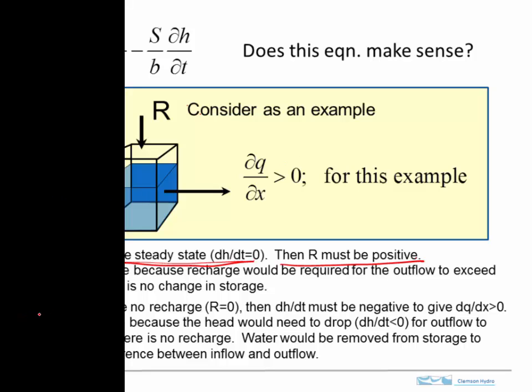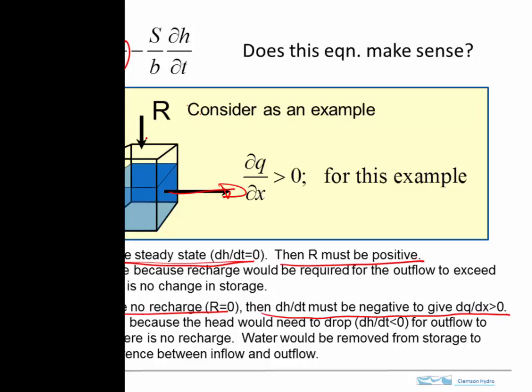And then we can look at this other case. This is case 2, where we assume that the recharge is equal to 0, so we get rid of that. In this case, dH dt must be negative for dq dx to be positive. If dq dx is positive, that means we've got more flow going out than coming in.